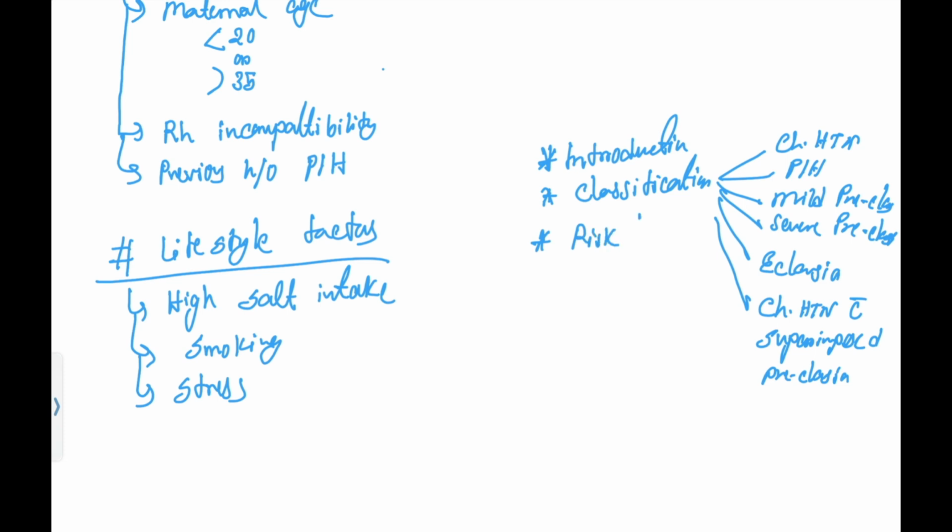Okay, and the last one we discussed is risk factors. In our next class, we will be discussing how these convulsions occur and the pathophysiology. Okay, then signs and symptoms of hypertension in pregnancy, because if severity increases, dangerous situations or characteristics will be seen in mothers. Okay, all will be discussed one by one in simple, easy steps.